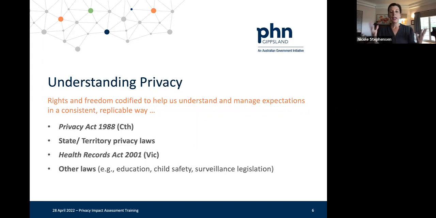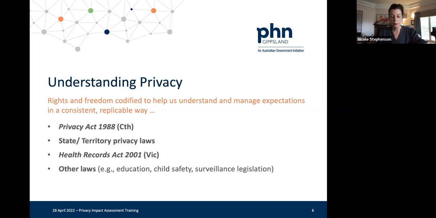Well, we create laws. So our rights and freedoms can be codified, right, to help us understand and manage expectations of the community in a consistent way, in a way that we can replicate again and again. And we do this by following laws like the Commonwealth Privacy Act or various state and territory privacy laws. In our case today, we have the Health Records Act in Victoria, as well as other laws that will apply to privacy in a context.